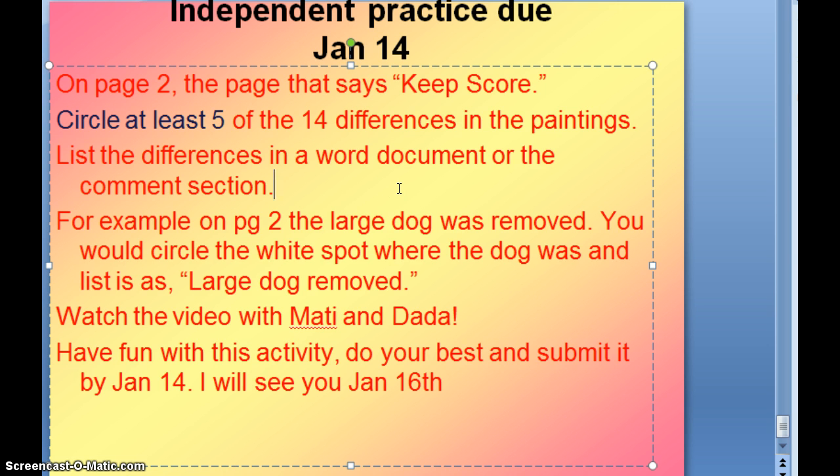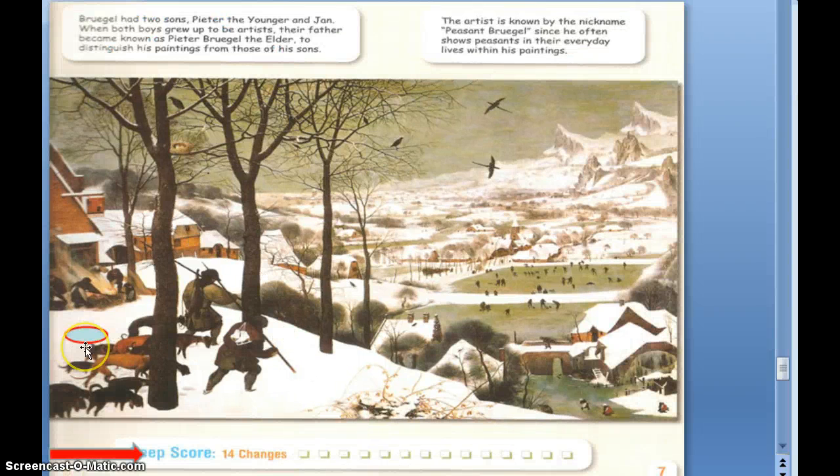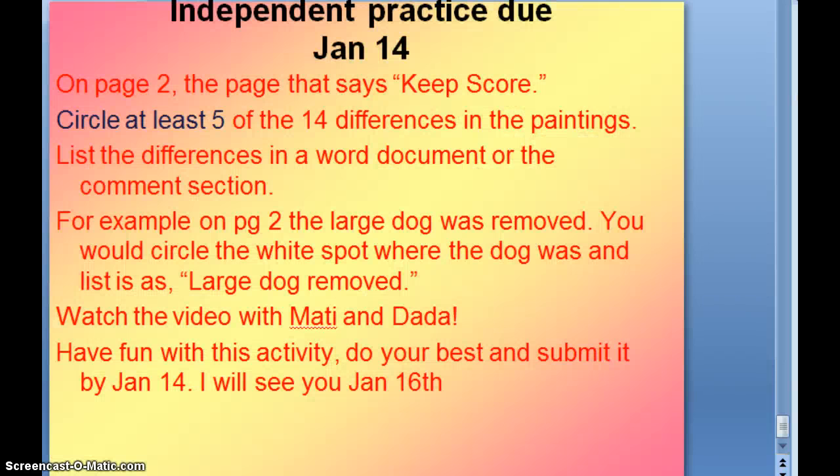For example, on page 2, the large dog was removed. See the large dog where the red arrow is? And then on page 2, the dog is gone. So you would be on the page that says keep score, and you would simply circle where the dog was. You would circle the white spot where the dog was and list it as large dog removed.